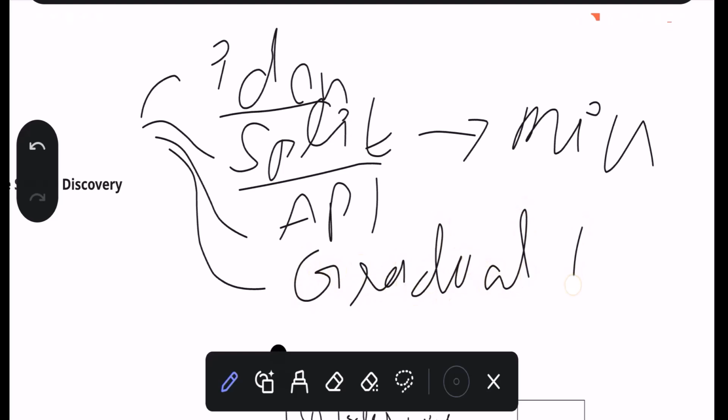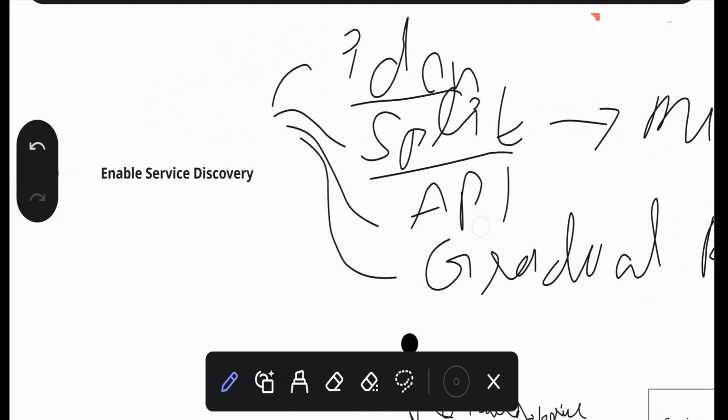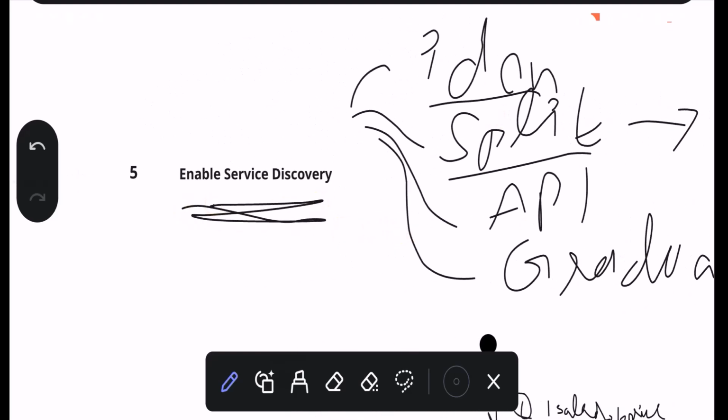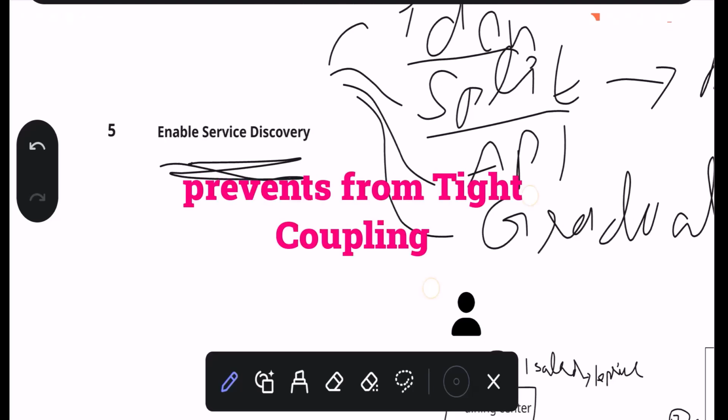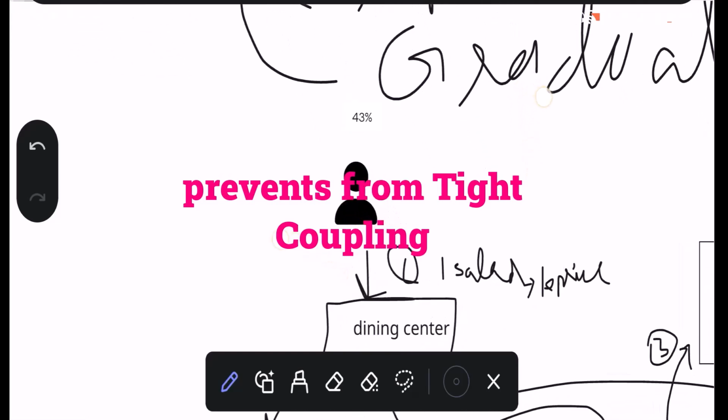This step is known as service discovery. We have two services. If one service needs to communicate with the second service, there must be a mechanism. If one service directly communicates with the second one, there will be no use of microservices architecture, because it will result in tight coupling, and we want to reduce this tight coupling.